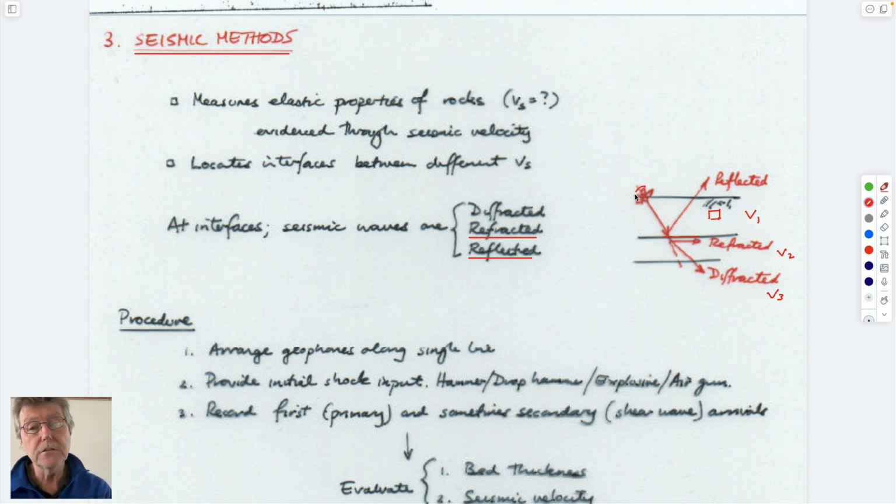So if you have, for instance, a piece of dynamite that you set off slightly buried in the ground, it will make acoustic waves which will travel both on the surface but will also travel in the subsurface.